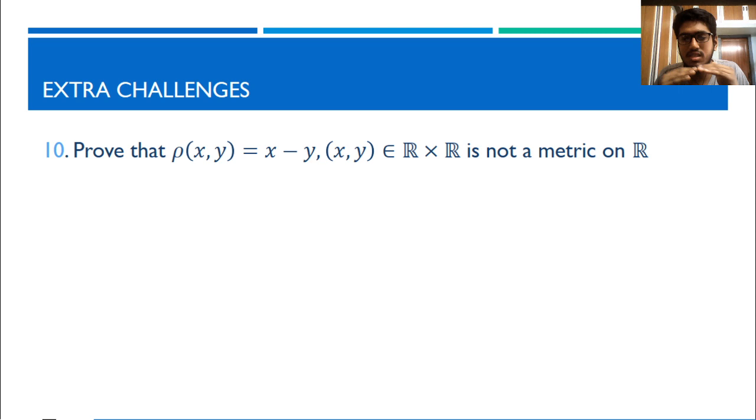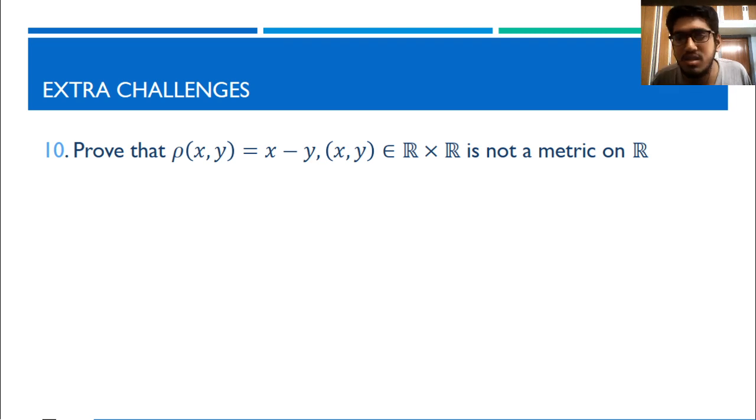But in certain cases, the general setting may take more time than a specific example to solve. So yes, Pranidhi, that's true. In that case, when x is greater than y, things are all right. But when y is greater than x, this function will take a value less than 0.